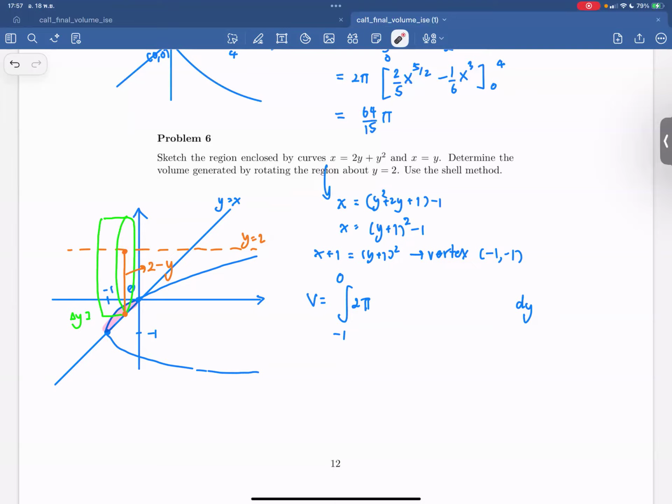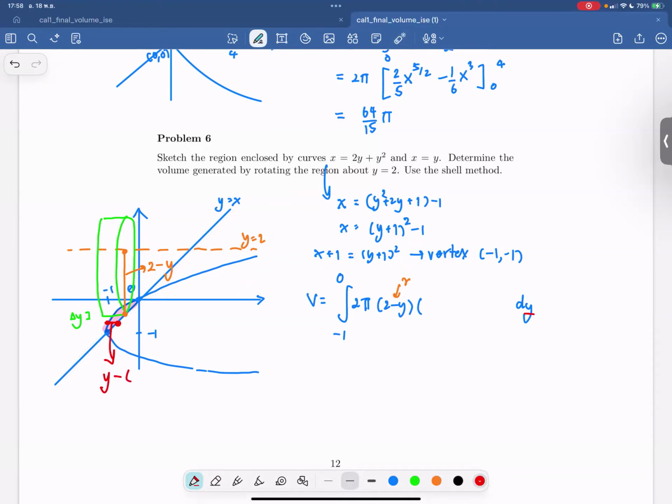So you need 2 minus y to be the radius. And for the height of the cylinder, you need the function for the red segment. The right-hand side is the function x equal to y. So you put y here because you need the variable y, right?